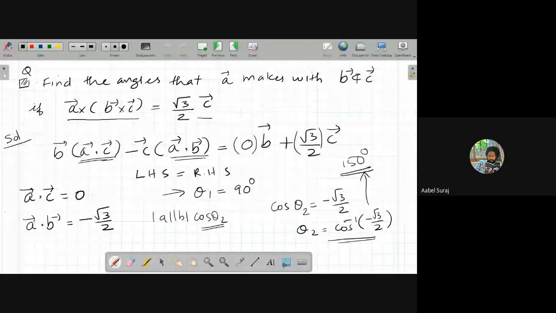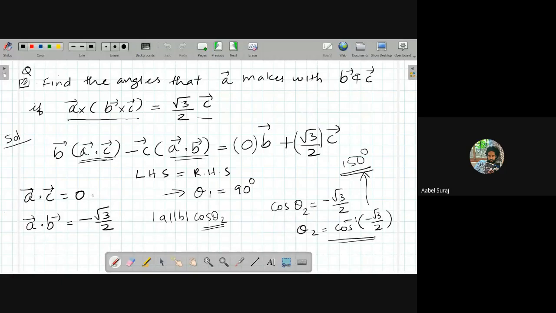Then you can easily understand that A dot B is also minus root 3 by 2. You can take theta directly as cos inverse of minus root 3 by 2. Otherwise, we cannot take both.